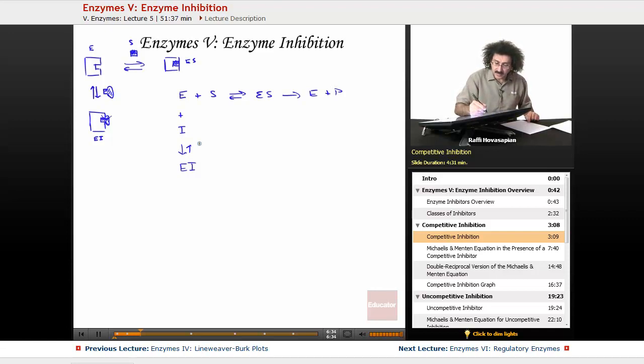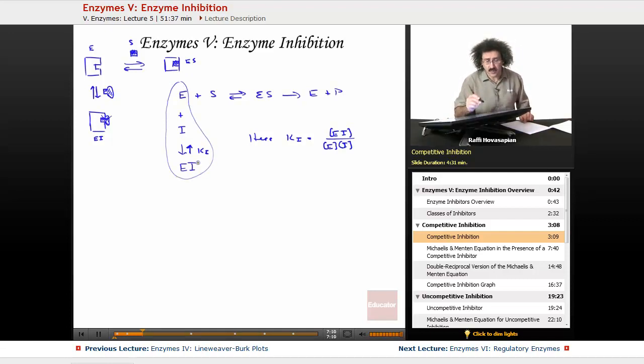Now, for this, I'm going to introduce something called K sub I. I just want you to be aware of it. This K sub I is not a rate constant. This is an equilibrium constant. So here, K sub I is equal to the concentration of EI over the concentration of E times the concentration of I. That is this reaction right here, the equilibrium.